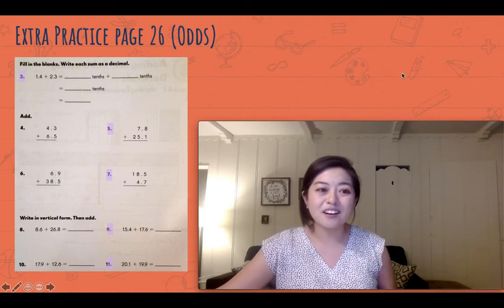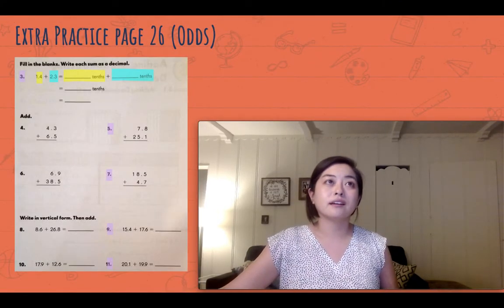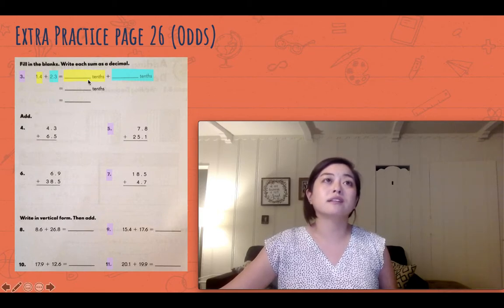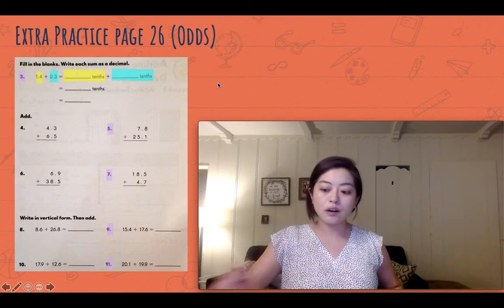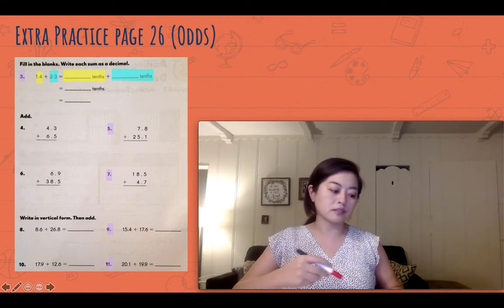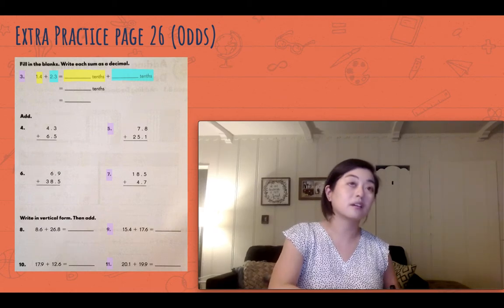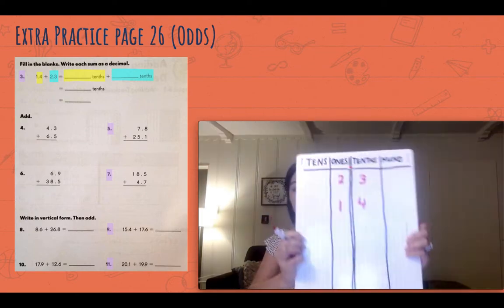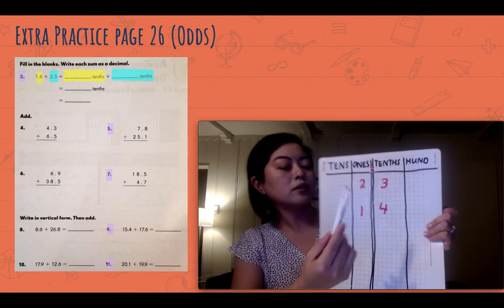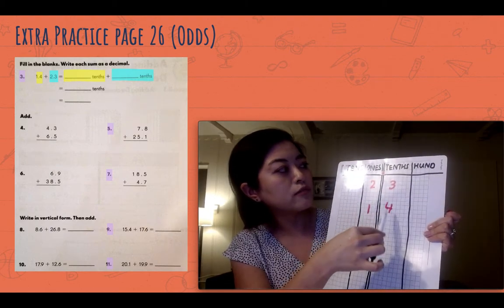I see that they want us to write these decimals as tenths. So I'm going to write my decimals in my place value chart here, like so. Here I have 2.3 and here I have 1.4.